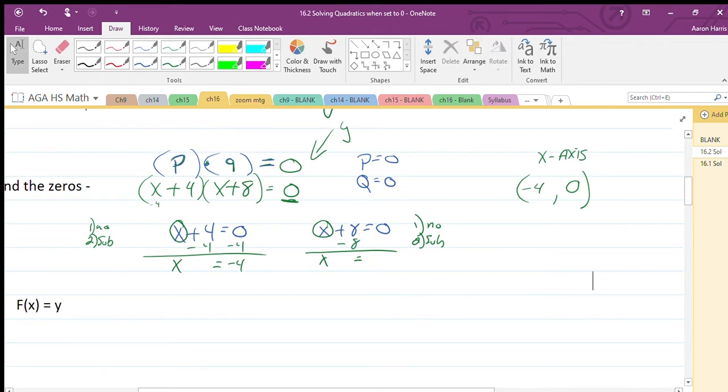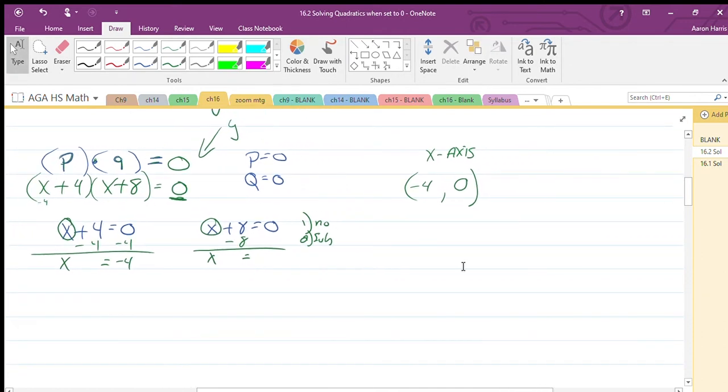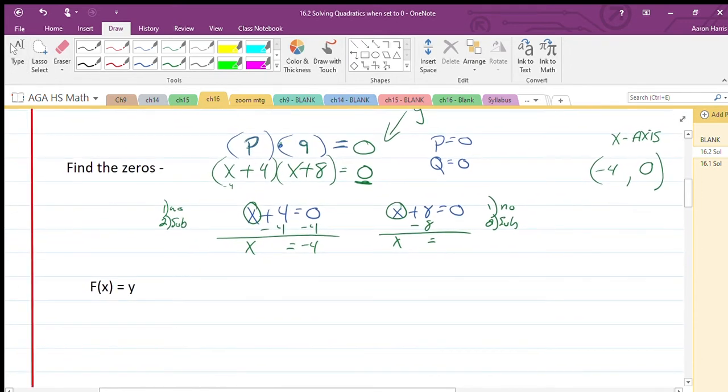So one of my solutions that I can graph is (-4, 0). What's my other one? (-8, 0). And where is that at? On the x-axis. All of that is me looking toward the future and letting you know that we're going that direction. But find the zeros.